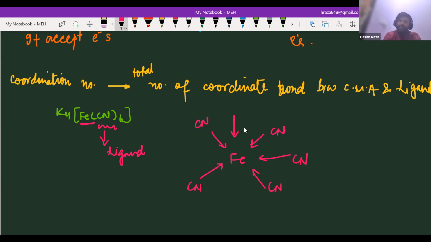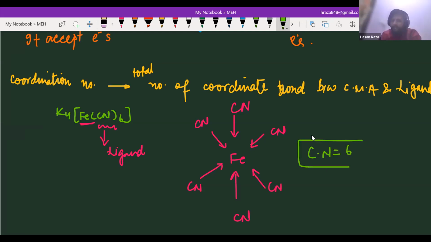There are some ligands which can form more than one bond. As you can see, the coordinate bonds between Fe and CN total 6. So the coordination number of this compound will be equal to 6. Is that clear?